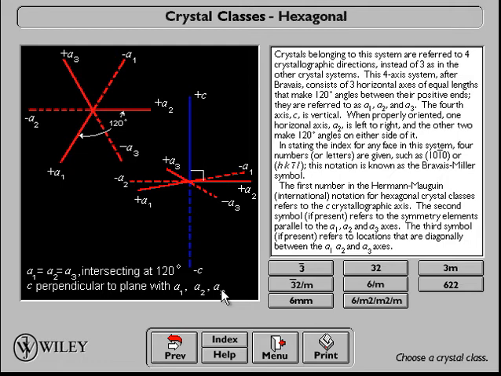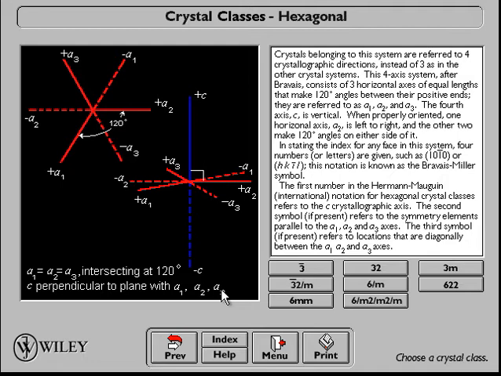The first symbol in the Hermann-Mauguin international notation for hexagonal crystal classes refers to the C crystallographic axis. The second symbol, if present, refers to the symmetry elements parallel to the A1, A2 and A3 axes. The third symbol, if present, refers to the directions diagonally between A1, A2 and A3.